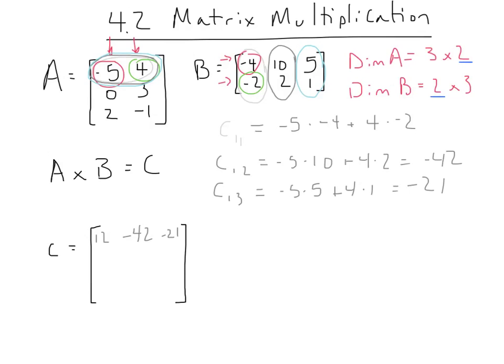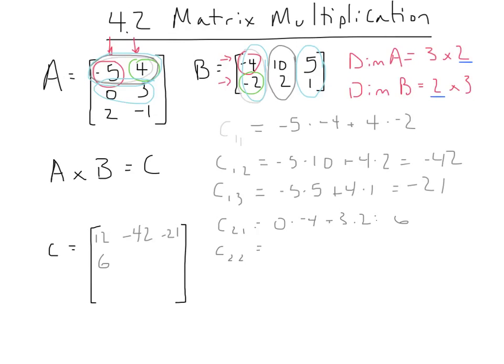And I'll carry through a little bit more quickly now. For C21, we'll take the second row of matrix A times the first column of matrix B. We will get 0 times negative 4 plus 3 times 2, which is 6.